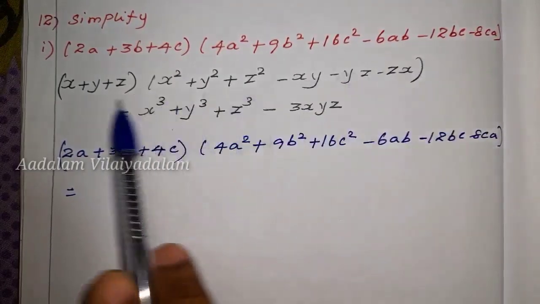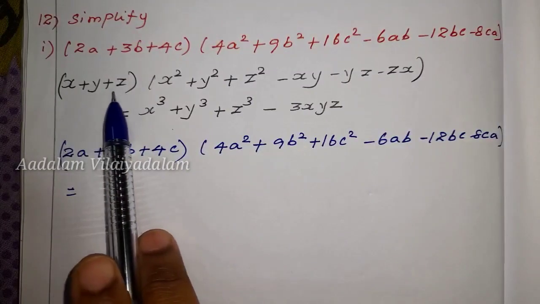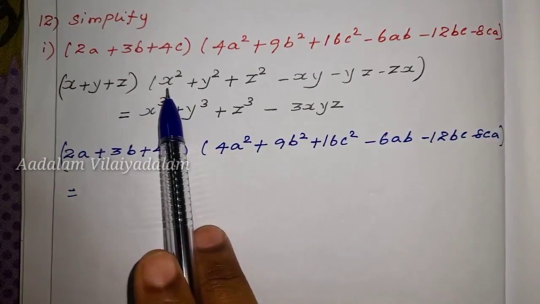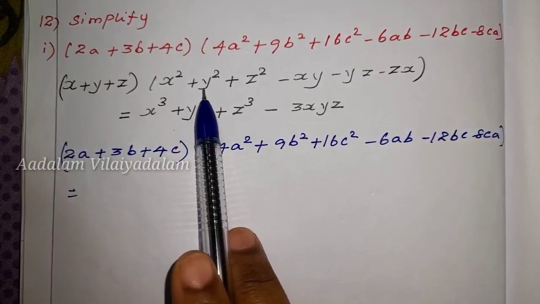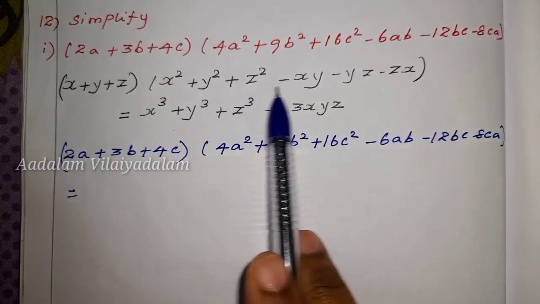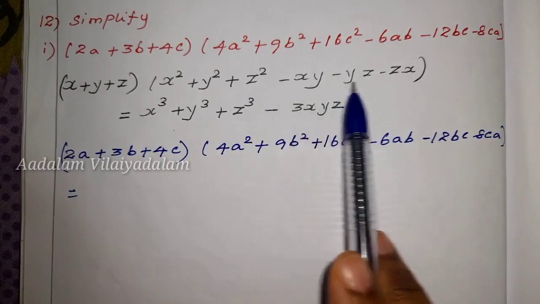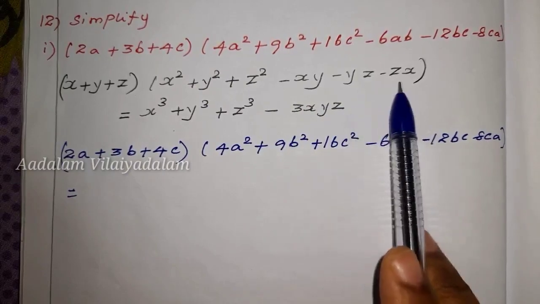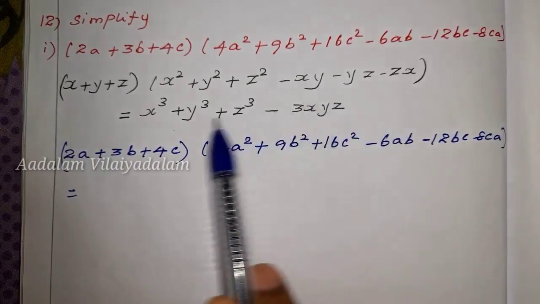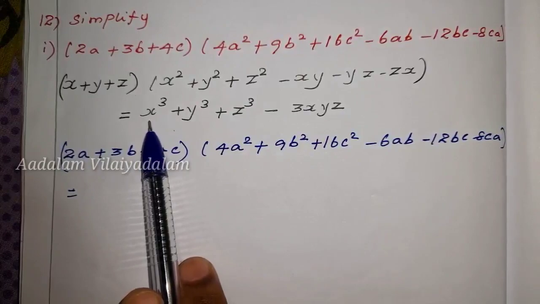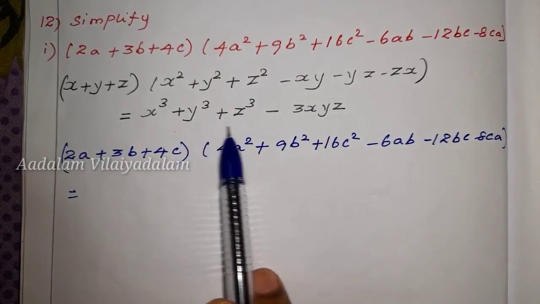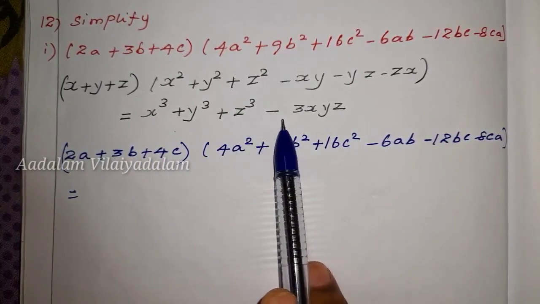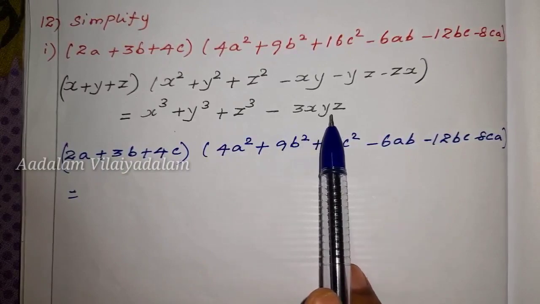We know that x plus y plus z into x square plus y square plus z square minus xy minus yz minus zx is equal to x cube plus y cube plus z cube minus 3xyz.